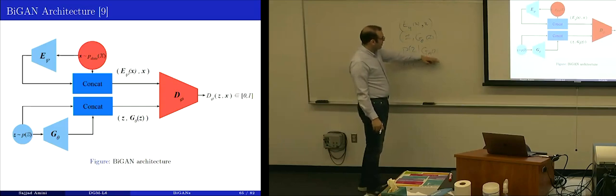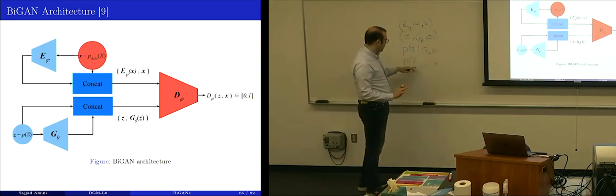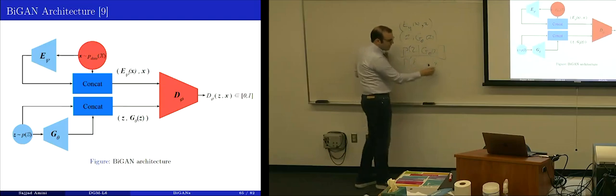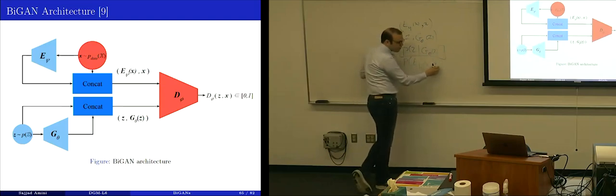What happened here? For the generated sample, given g theta of z, because it is a generated sample, you exactly know the z. Here, you do not know the corresponding z given to this x, because it is coming from the true data distribution.